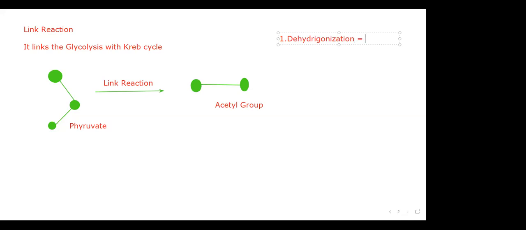It's simple to remember. Removal of hydrogen. That is what you meant by dehydrogenation. Removal of hydrogen. So who's doing that? For example, what is the type of dehydrogenase reducing agent we discussed? It was NAD.